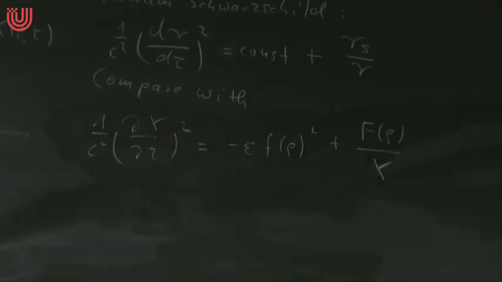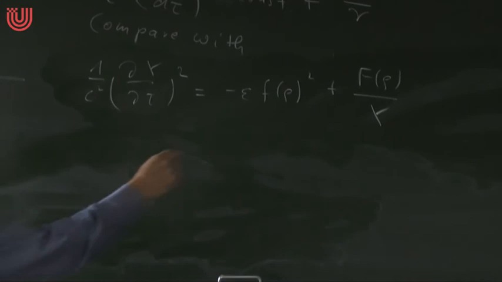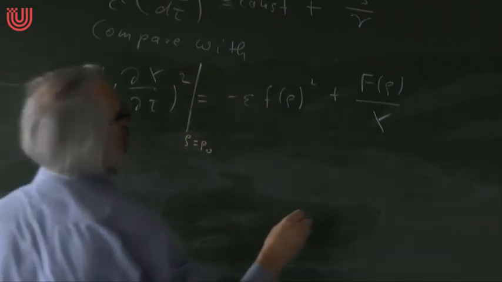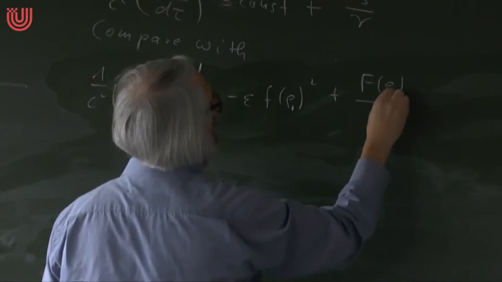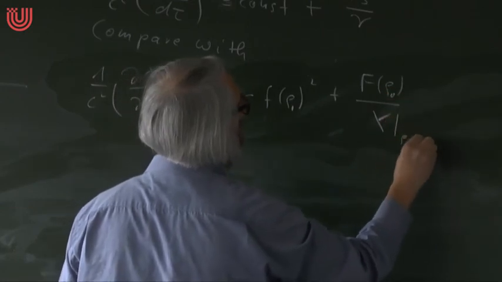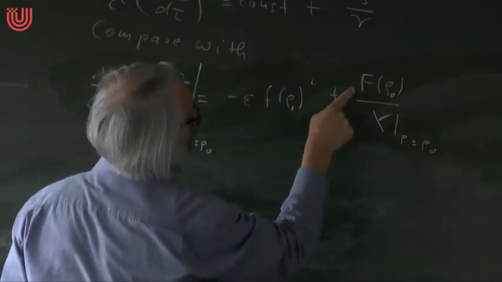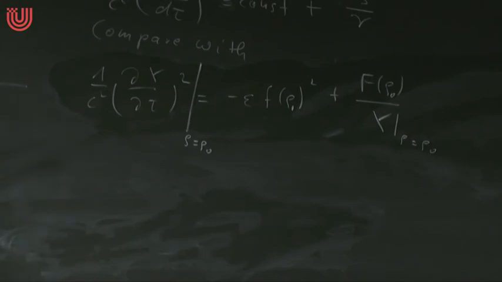Yeah, you remember this was even before we specified the little f and the capital F. And now we do this at rho equal rho naught, and now we compare these two expressions. And now we see immediately that the Rs must be the capital F of rho naught.